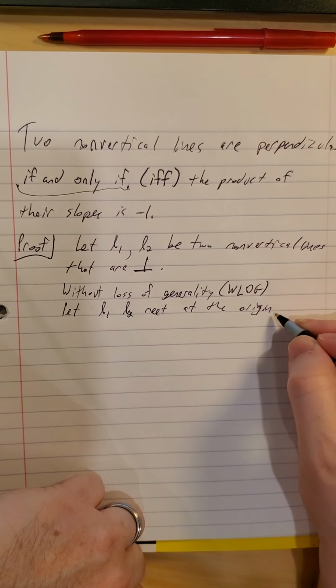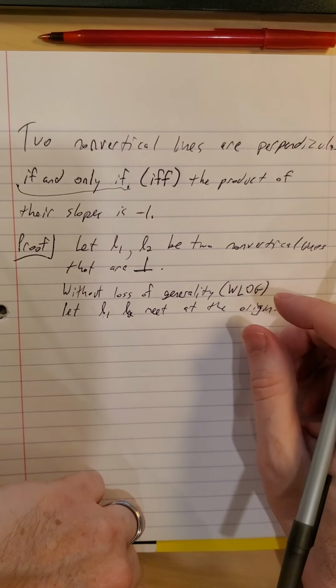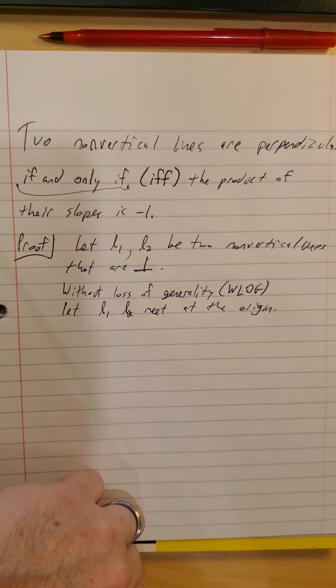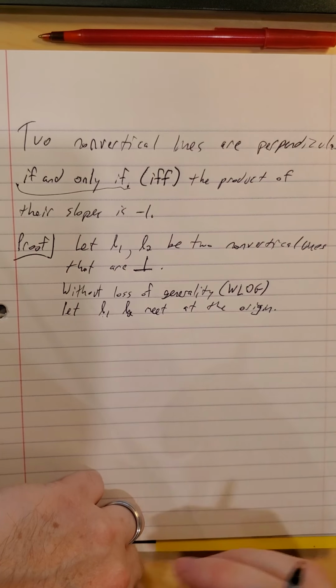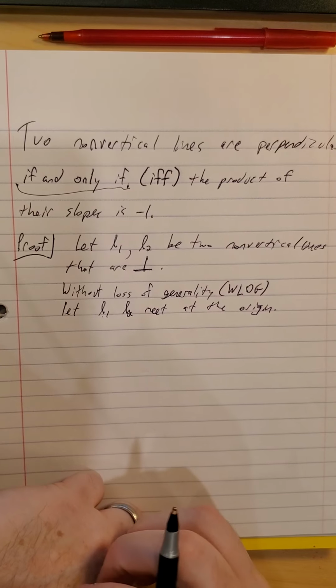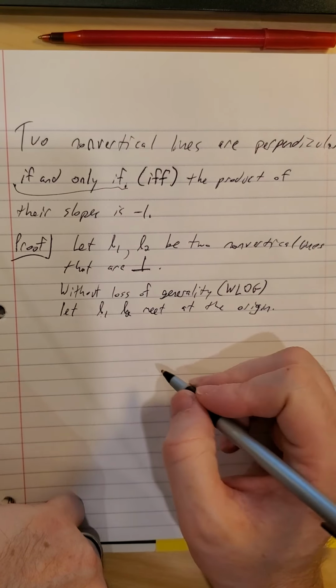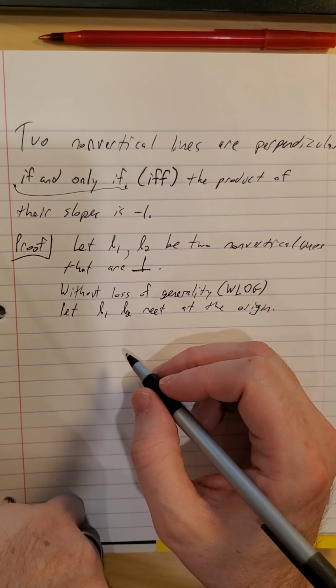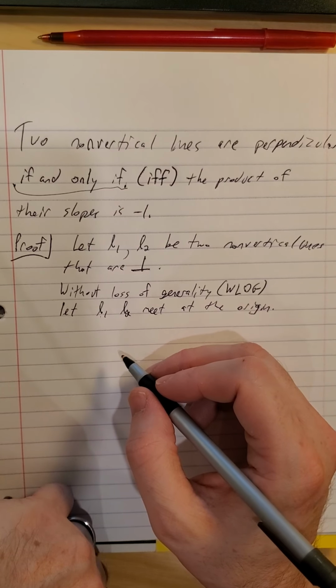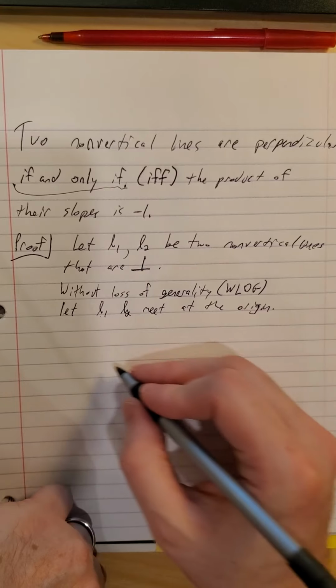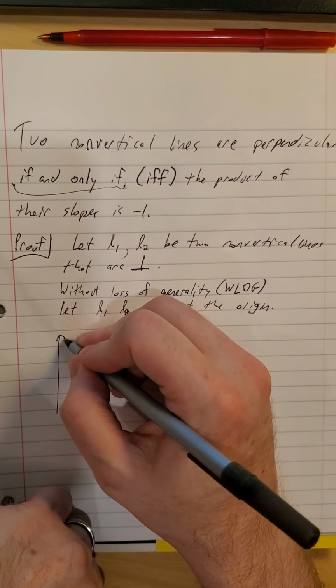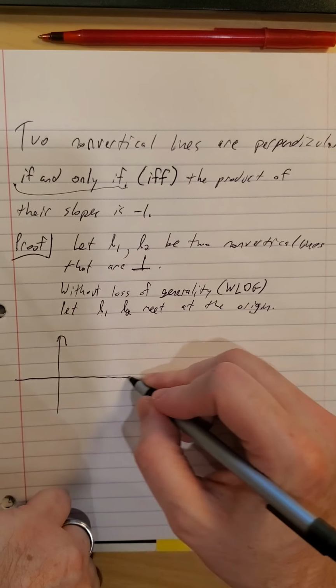So we're going to let L1 and L2 meet at the origin. That's going to make our work a little bit easier. But that's not to say that they have to meet at the origin. It just means our demonstration is easier at the origin. So we're going to make a quick sketch of what we have.